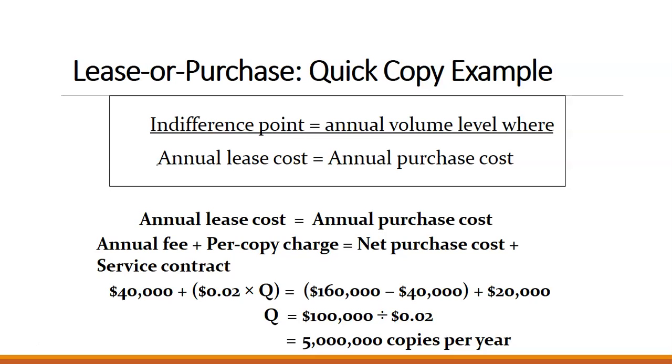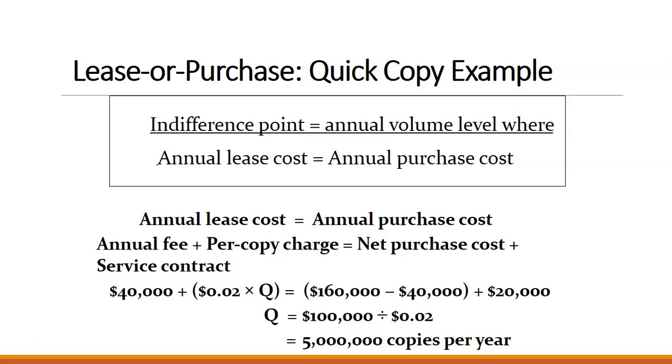So our annual fee is $40,000 plus 2 cents per copy. And the purchase cost is $160,000 minus the $40,000 plus the $20,000 a year service contract. Therefore, our indifference point is 5 million copies per year.